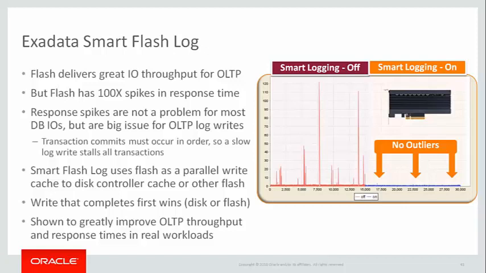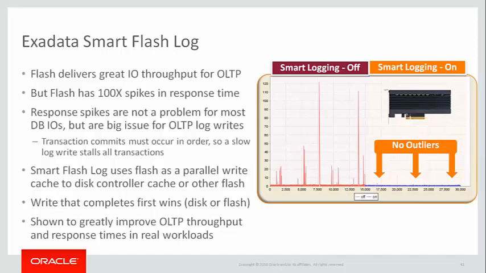Exadata Smart Flash Log. It delivers great I/O throughput for OLTP. Flash delivers a great throughput, but occasionally Flash has 100x spikes in response time, and that can introduce delays. So the Smart Flash Log feature allows the log write to happen at two different layers.